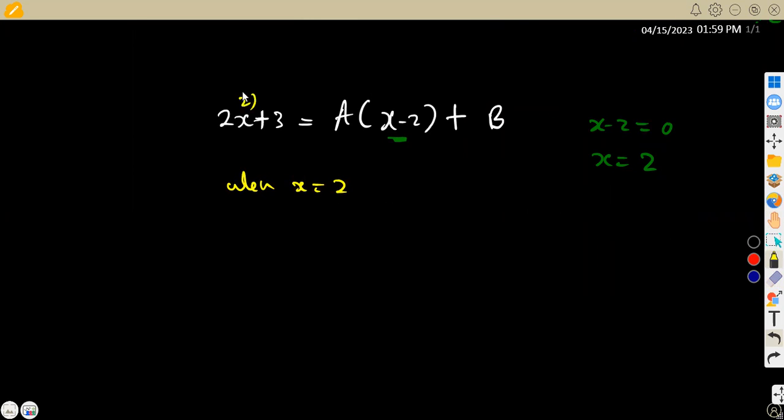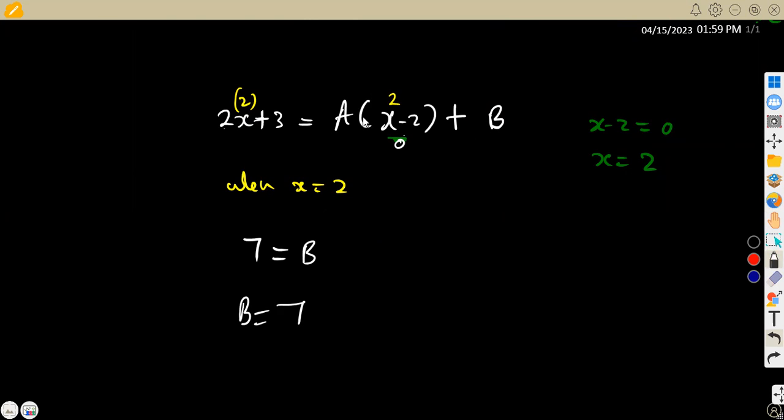So when x is equal to 2, we've got 2 here. That gives us 2 by 2, which is 4, plus 3, which is 7. So 7 is equivalent, and this bracket is 0, so we remain with B. That means B is equal to 7.